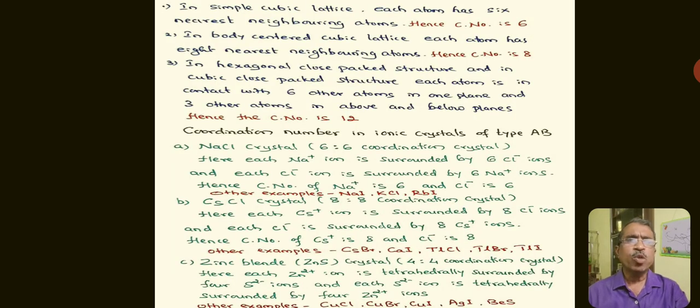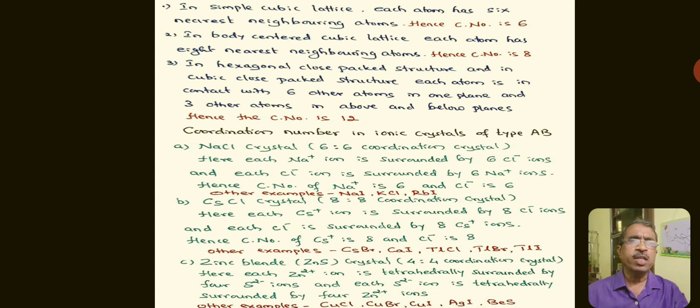In simple cubic lattice, each atom has 6 nearest neighboring atoms. Hence, coordination number is 6 in simple cubic lattice. In body-centered cubic lattice, each atom has 8 nearest neighboring atoms.